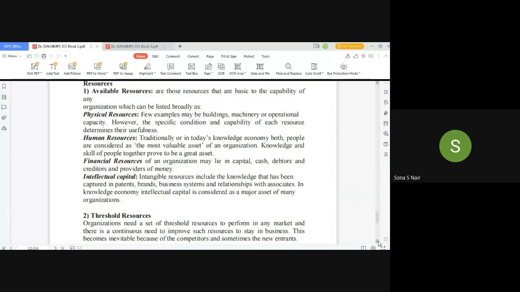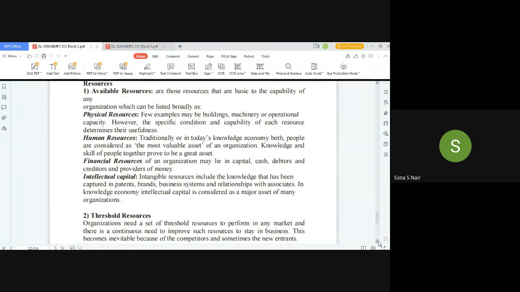Financial resources would be the capital, the cash, the debtors, the other monetary things that the organization has. And intellectual capital also is an available resource, which would mean the knowledge, the experience, the business systems, the relationships with associates, brands. All these are intellectual capital of the organization, and these can all be termed as resources which are available to the organization.